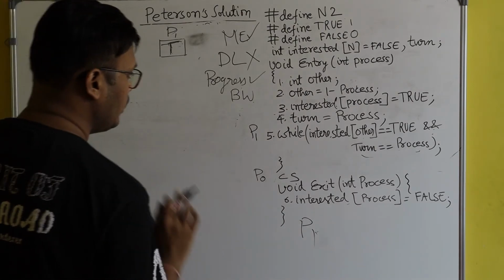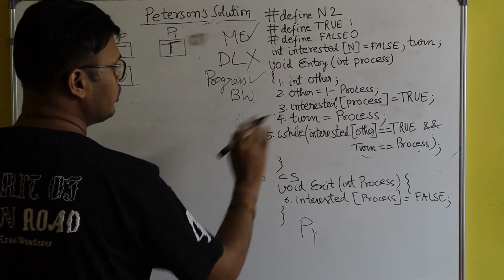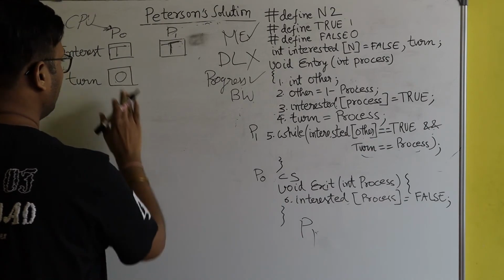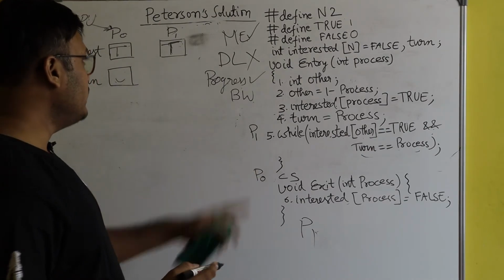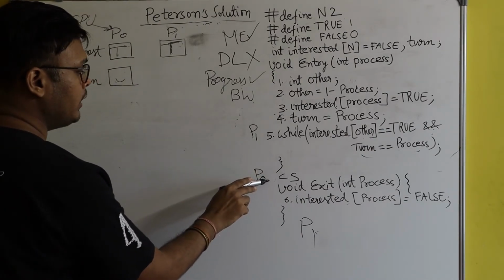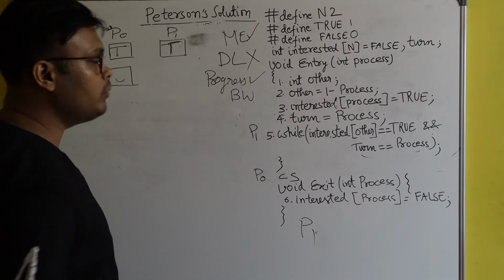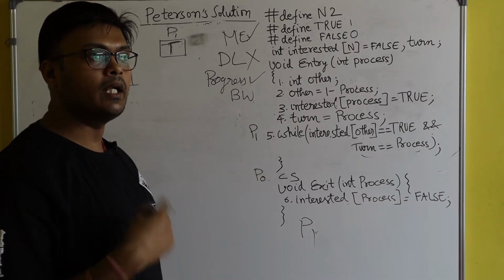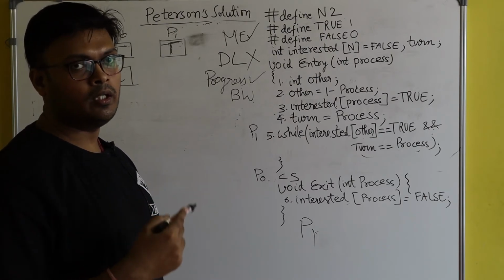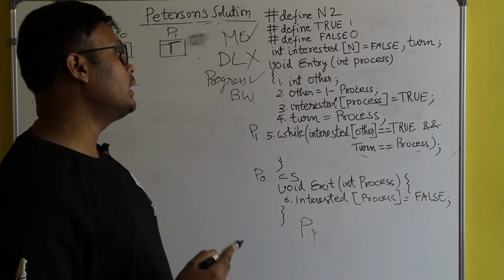Also, since P0 is inside the critical section, it means process P0 has set the turn value first. That's why it could enter inside the critical section.